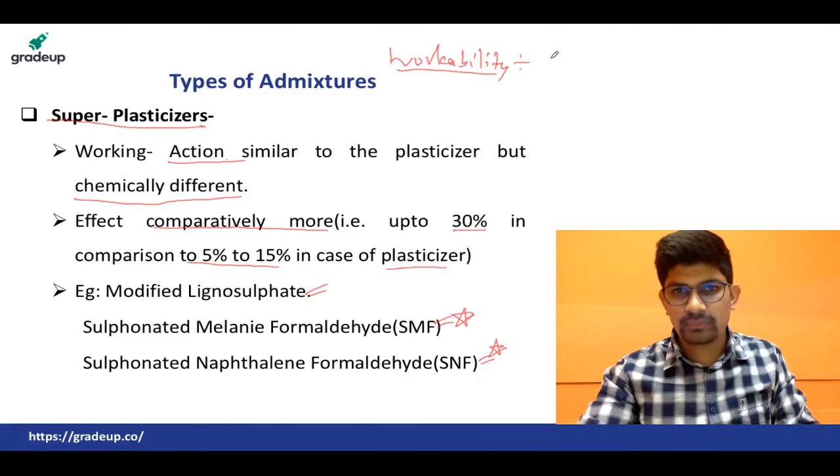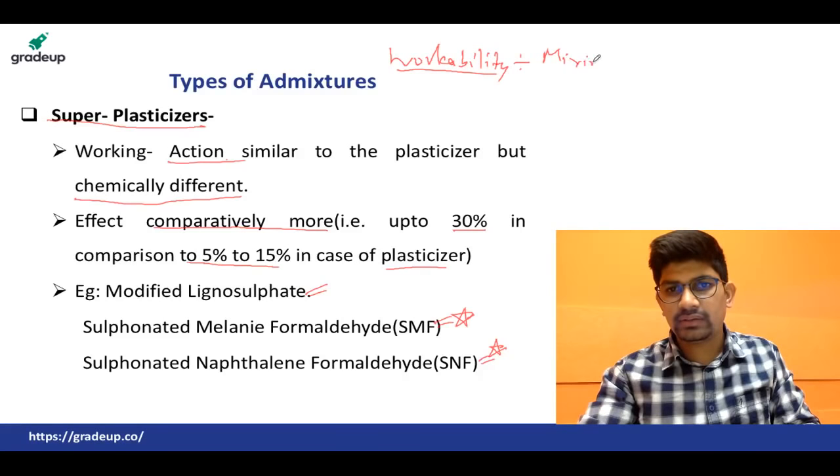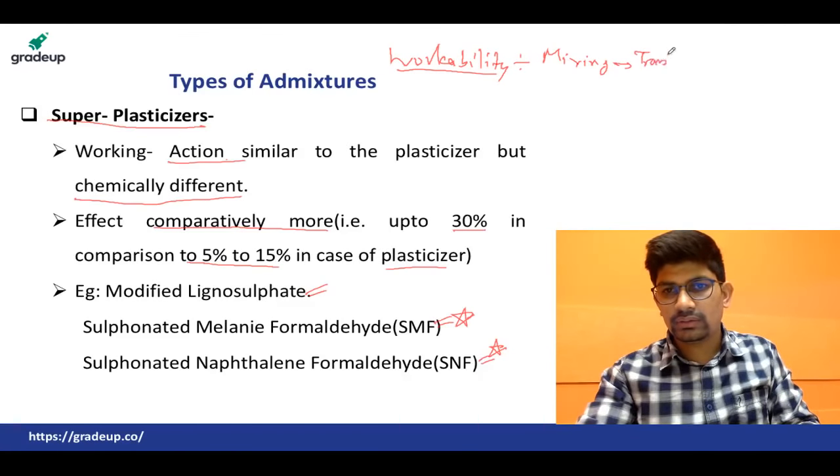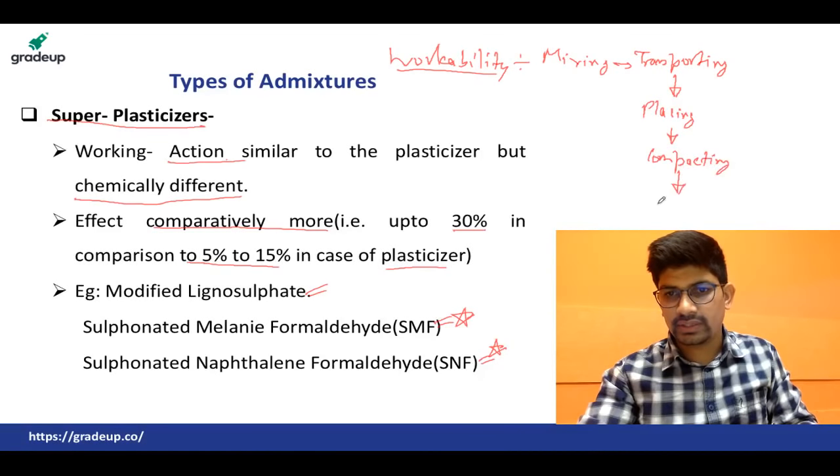From the mixing of concrete, you transport it to the required place, then you place it, you compact it, and finally you finish it.